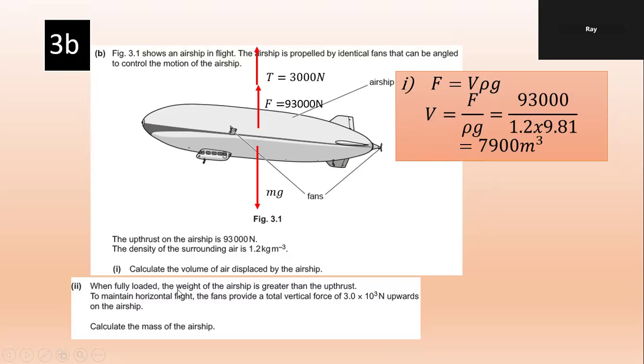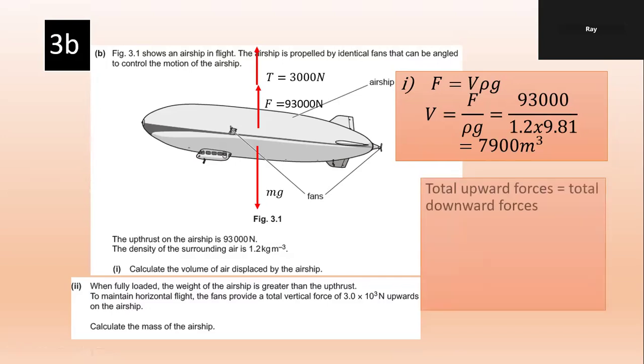When fully loaded, the weight of the airship is greater than the upthrust. To maintain horizontal flight, the fans provide a total vertical force. Right? That is the one, 3,000 upward thrust on the airship. Calculate the mass of the airship. Forces in equilibrium.